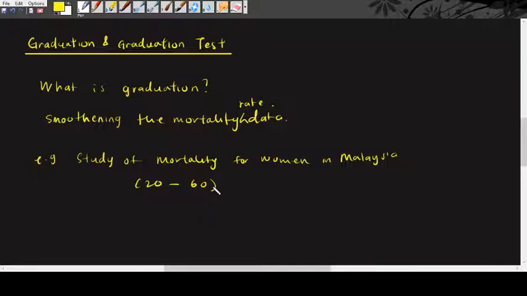So we are looking at a lot of samples for each of the age categories. We are interested to get the estimates of the mortality rate of the observed data for each of the age categories. We want to find the proportion of the people that have died during the observed period for each of the age categories. This mortality rate, we call crude mortality.